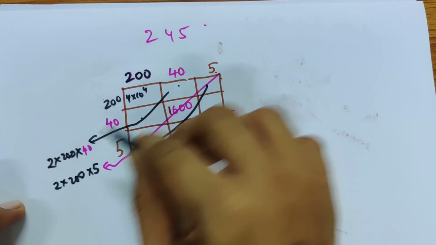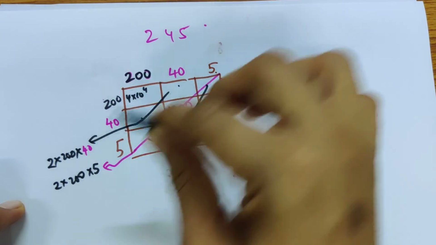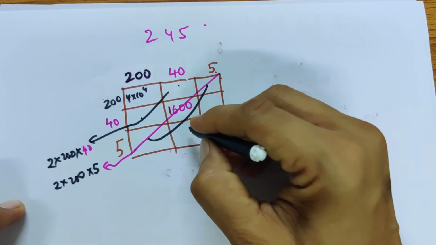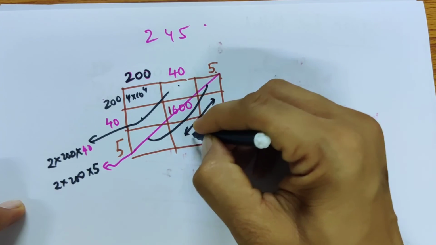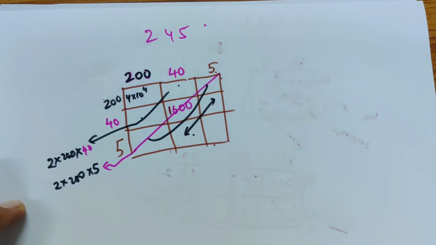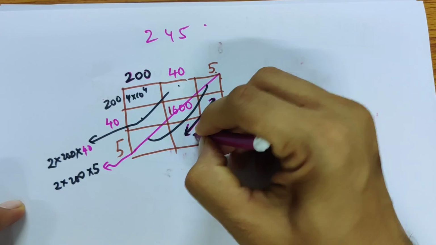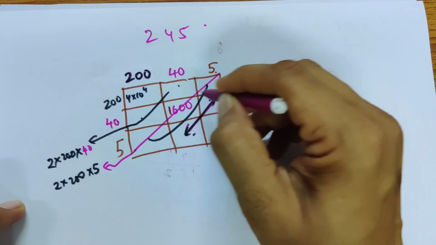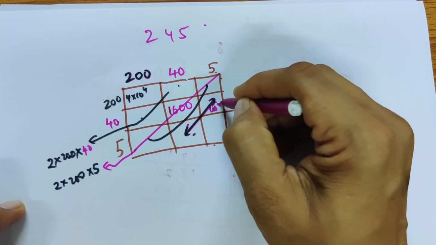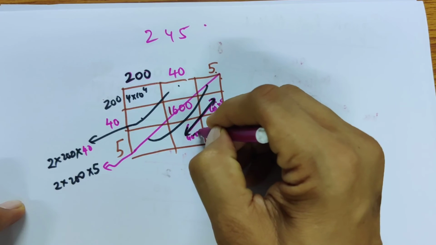So that's why the 200 always gets doubled, you see that. And these two correspond to 40 times 5. So this is a 40 times 5. This is also 40 times 5, right?